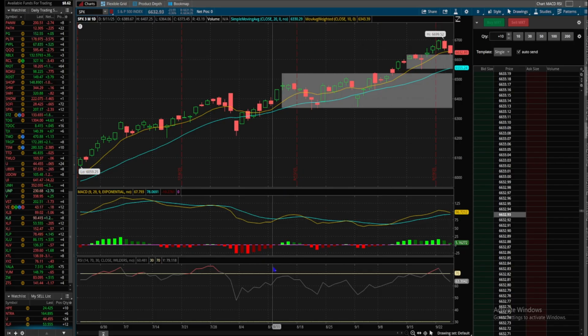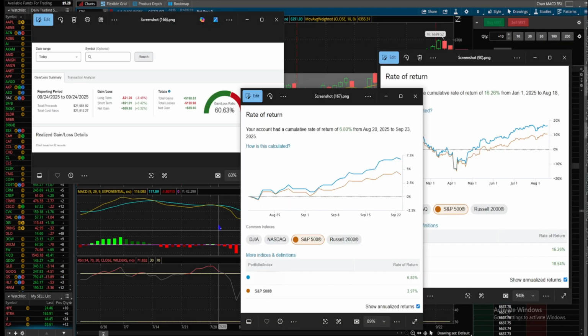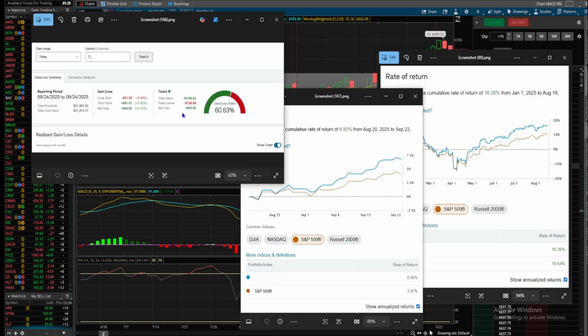So now we'll go down and take a look at our gains and our portfolio performance. And for today, it registers $198.63 in gains, but these also account for the stocks that we sold today for roughly $90 in realized gains.